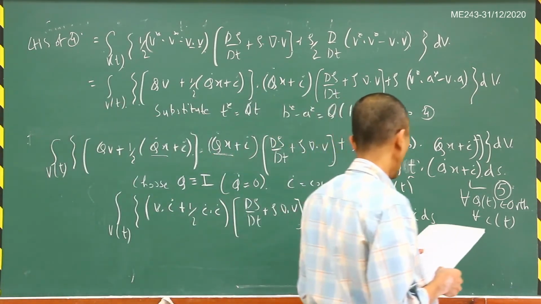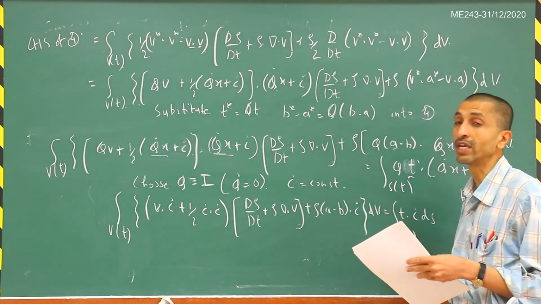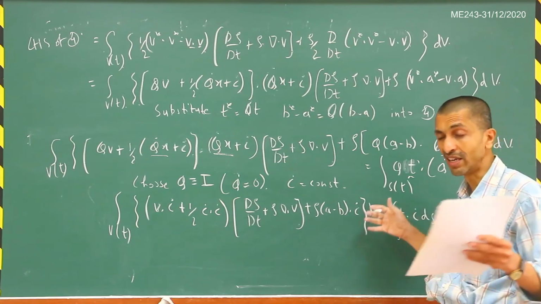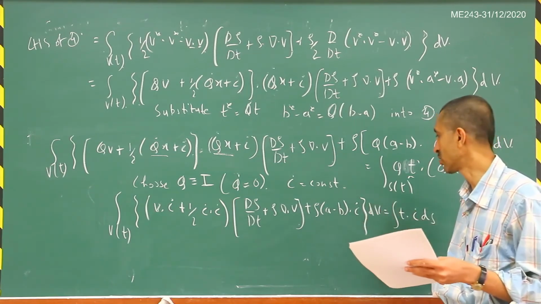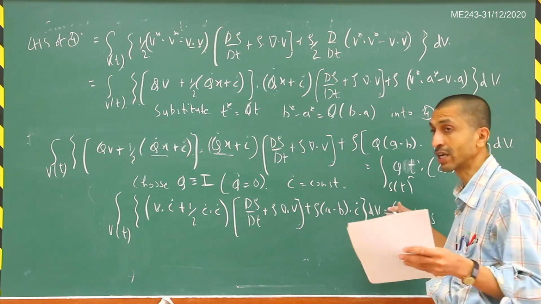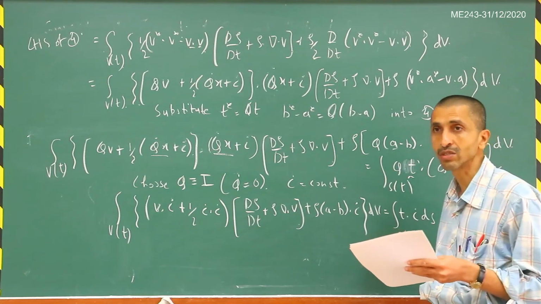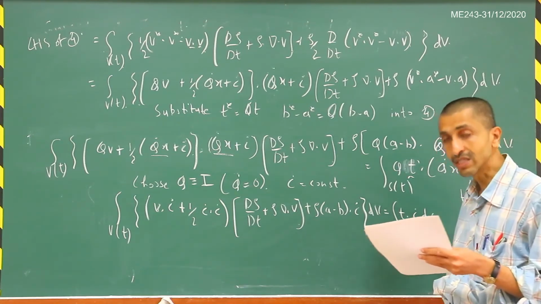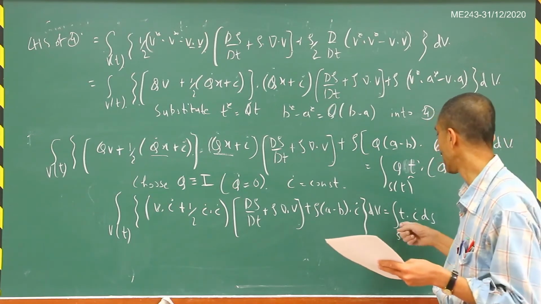Now you use the same argument that was used in proving the Cauchy theorem, right? We had this tetrahedron and then we shrunk the tetrahedron to a point, and from that we got the existence of the stress tensor. So we saw that there exists a stress tensor tau such that t is equal to tau n. It's the same kind of arguments.